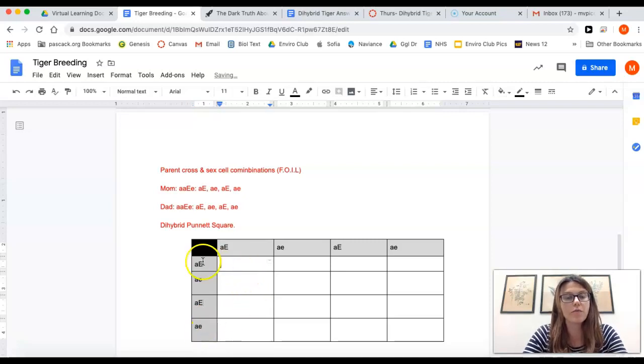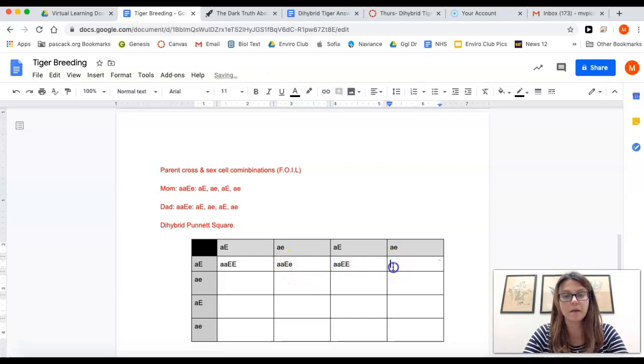Now, just like before, we're going to match the letters so that the A from this box will match with the A from this box, and the E from this box will match with the E from this box. And we're going to continue along. I like to put capitals first. You don't put the capital E in front because you still want to keep the A's together, but I do put the capital E in front of the lowercase e, and we go ahead and fill this out.